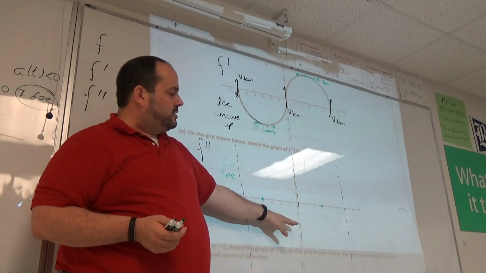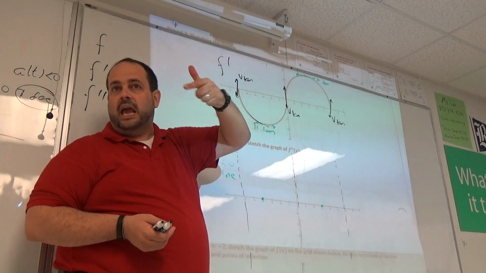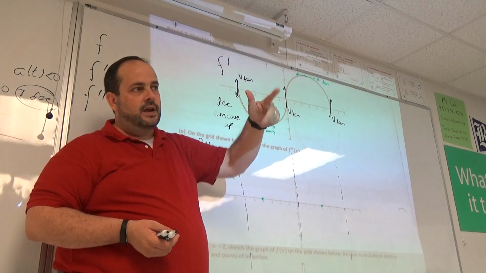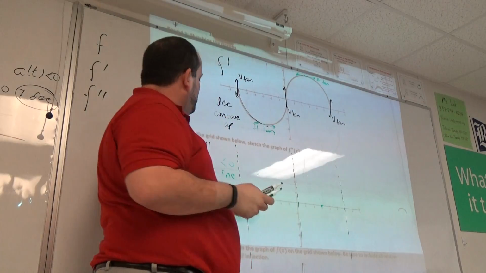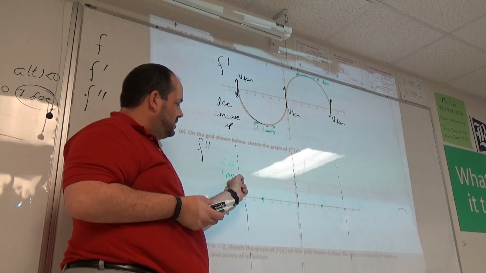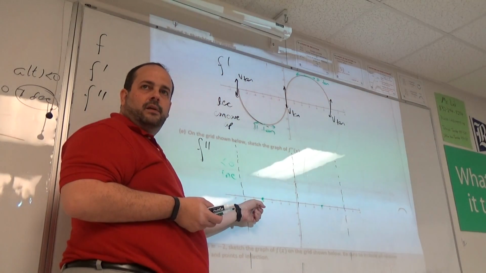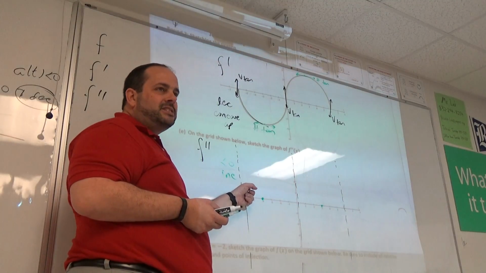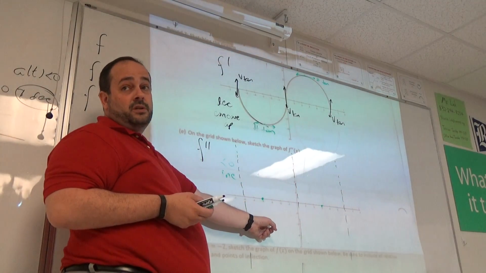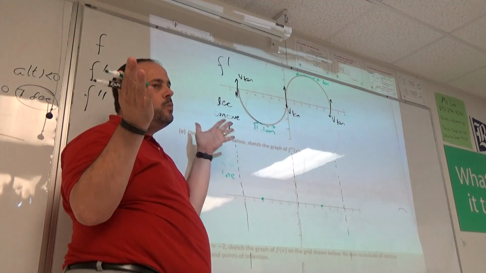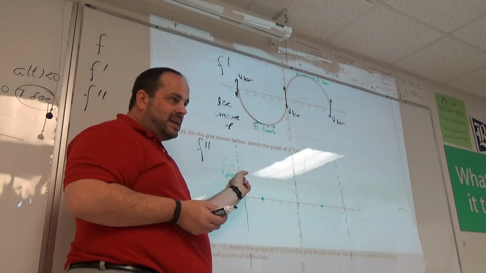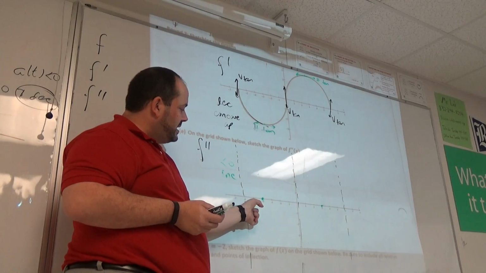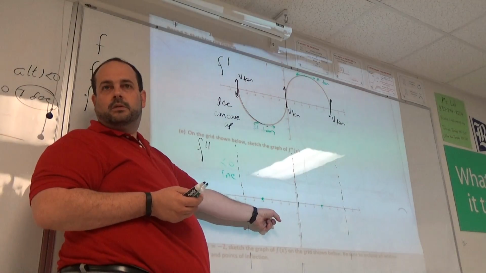Honestly, if I was doing this, I'd start with my roots and my vertical asymptotes first, because those are good guides. So now I was told my graph of F double prime is negative and increasing from -6 to -3. If I have a vertical asymptote and a root, there is only one way to draw a graph that is negative and increasing, that has a vertical asymptote and that has a root.